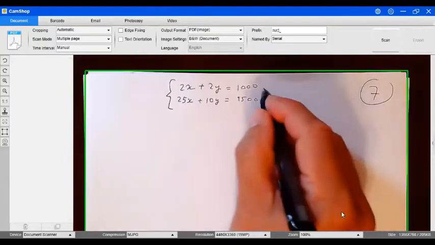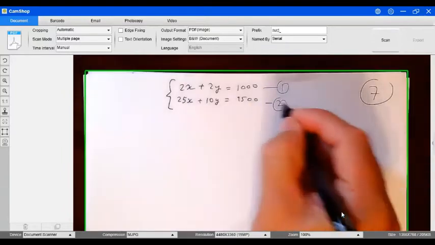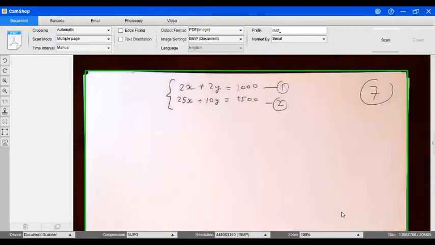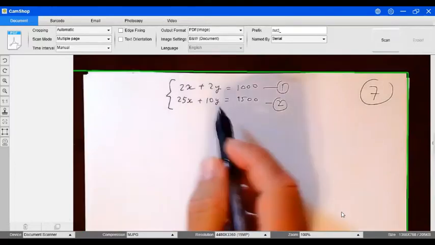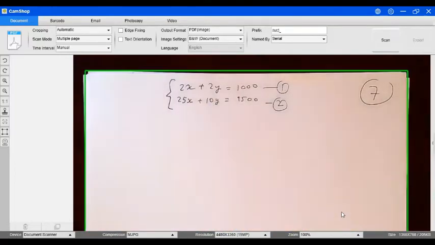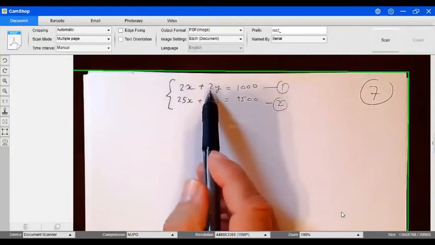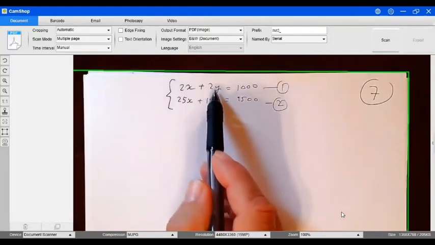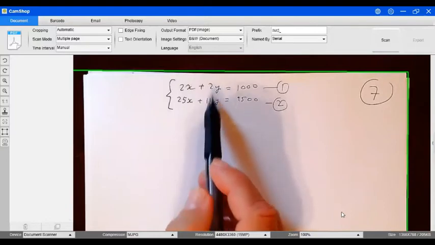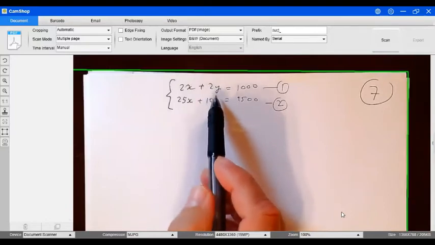So this is equation 1, this is equation 2. We're going to use the addition method because this system is written in standard form. Later, you're going to be able to use any method, the method of your preference. You can see here that if we multiply the first equation by -5, I'm going to get y with opposite coefficients, so I'm going to be able to eliminate y.